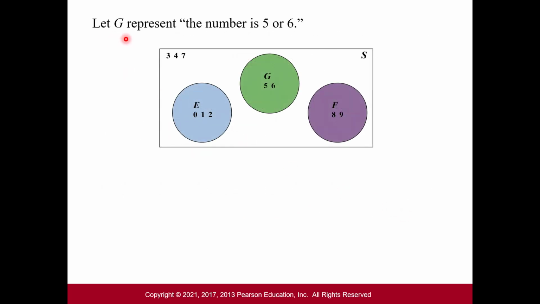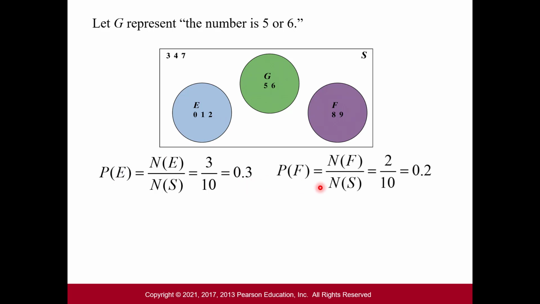Okay, so we're just going to add in an event. We're going to say G represents the numbers 5 or 6. We had calculated the probability of a number 2 or less, and that was 0.3. The probability of a number 8 or greater was 0.2. And now the probability of the number 5 or 6, which we're calling event G, is 2 out of 10, so 0.2 as well.